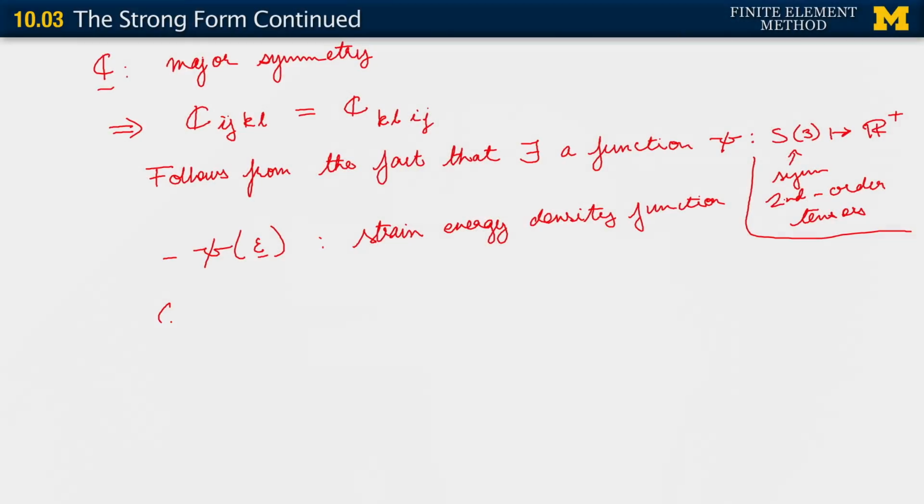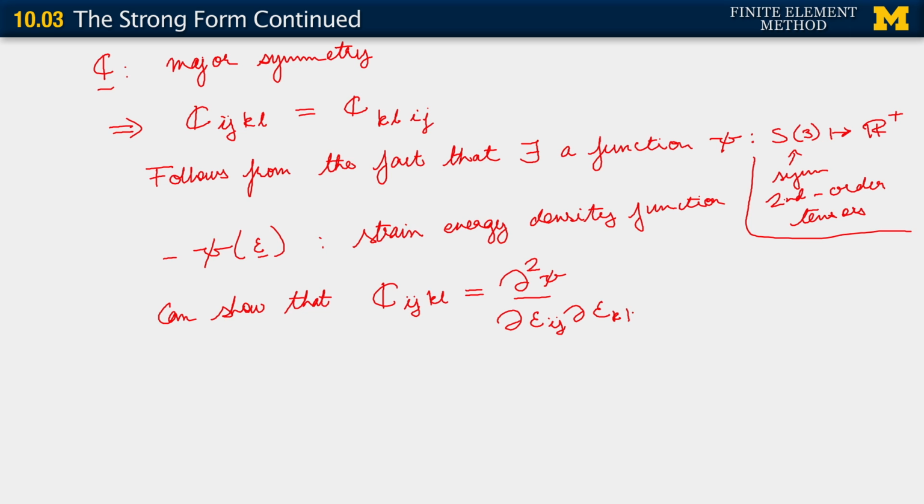It can then be shown that C_ijkl is the second derivative of psi with respect to epsilon_ij and epsilon_kl.